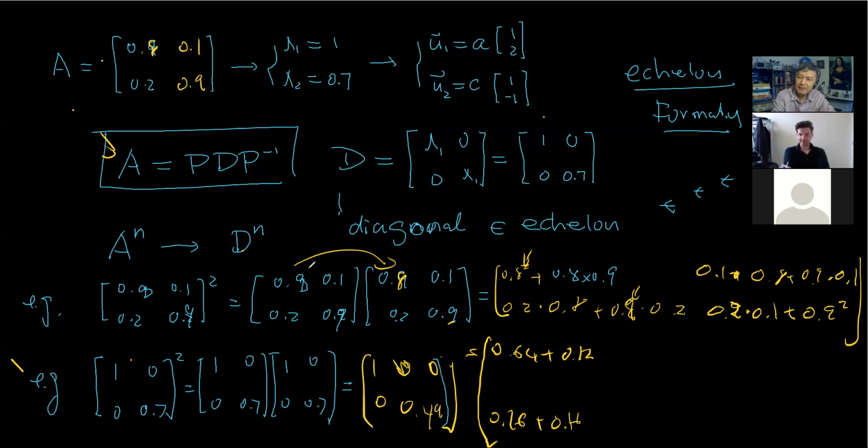If you have time, perhaps you can try to see if this does happen. For example, we can do one more exercise. We know that A equals P, the transformation matrix, times the diagonal D, times P inverse. In our case, D has been determined by the 2 eigenvalues, that's 1 and 0.7.